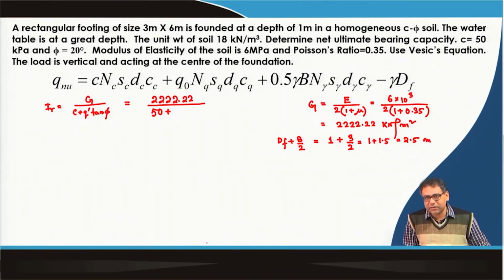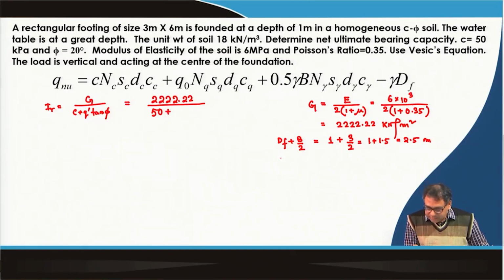Remember that it is the effective overburden pressure. As in this case the water table is not present, I can directly calculate with total pressure, because total pressure and effective pressure are both the same. But if the water table is present, then you have to calculate the effective overburden pressure, remember that.